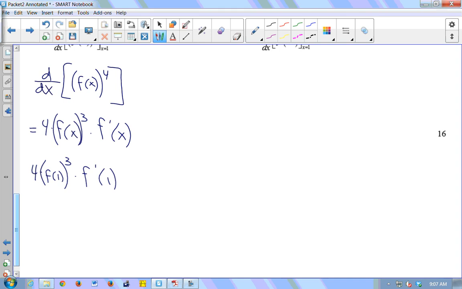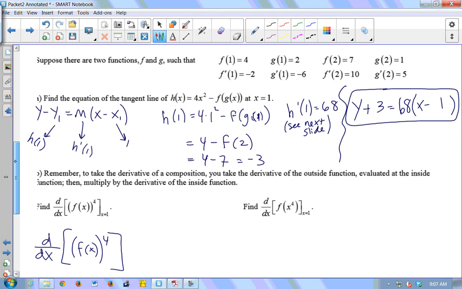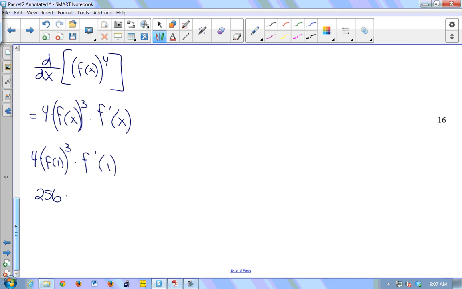And 64 times 4 is 256. 4 cubed is 64, right? Yeah. Okay, and then times f prime of 1, which I go up to my table of values here, and I say f prime of 1 is negative 2. 256 times negative 2, negative 512.